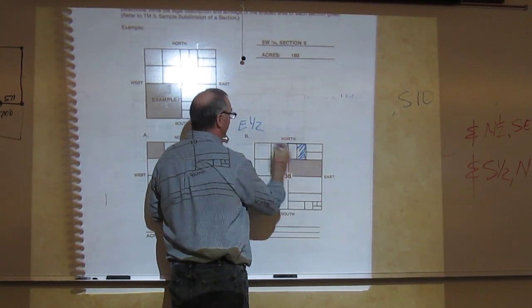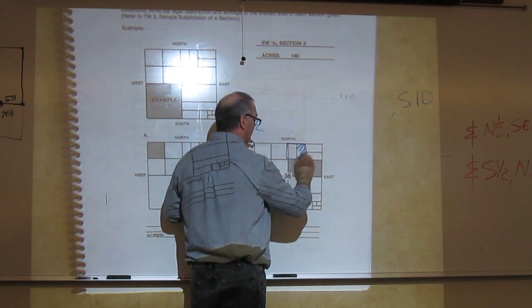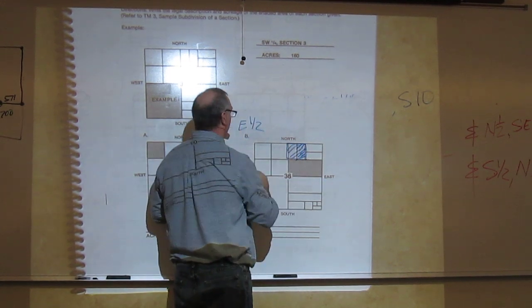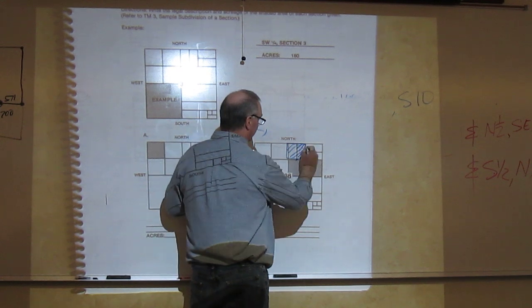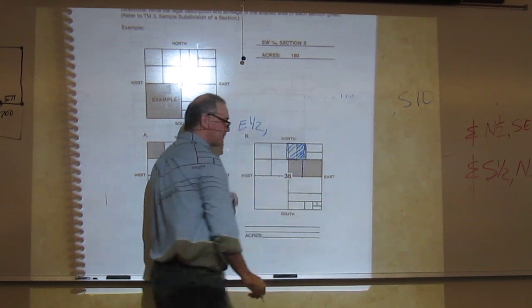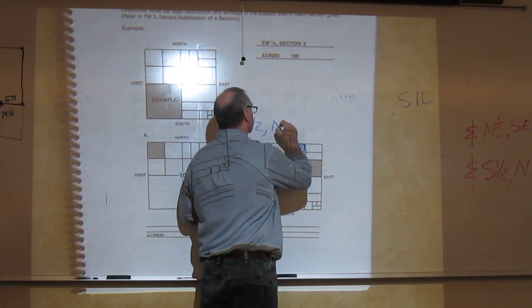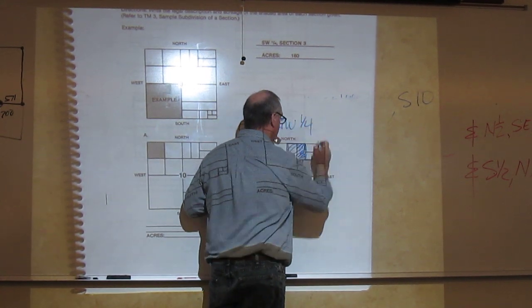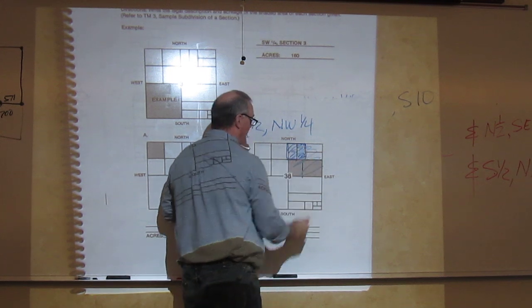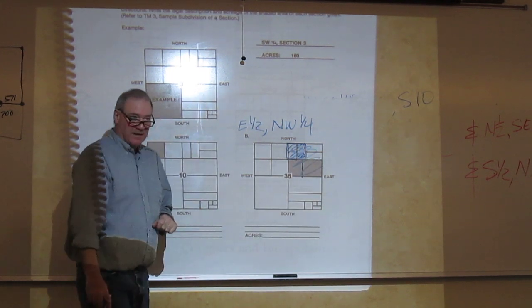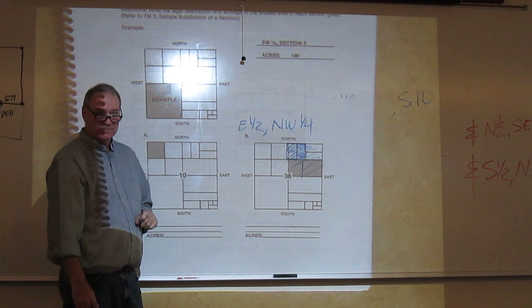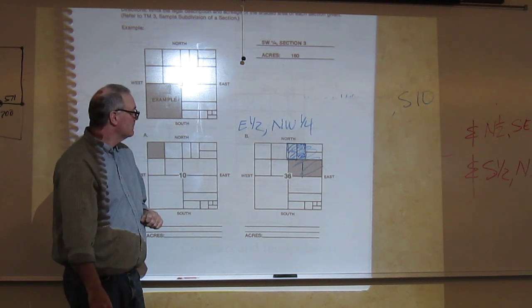Now, by the east half, I've defined that whole thing, right? East half of the northwest quarter, okay, now I'm to there. Do I have to go any higher? Northeast quarter of the section.